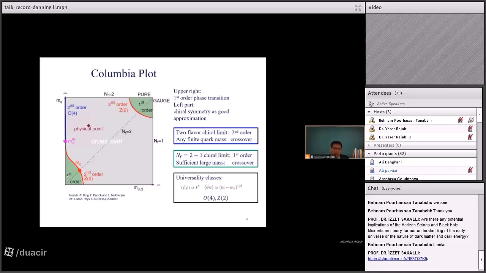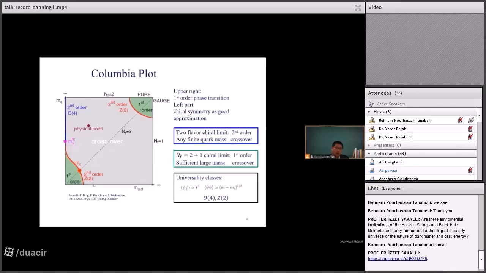And in the three-flavor chiral limit, when all the quarks are massless, the simulation shows a first order phase transition. Only when the quark mass is sufficiently large does the phase transition turn into a crossover again. So there's a first order region and a crossover region, and in between them there's a second order line.